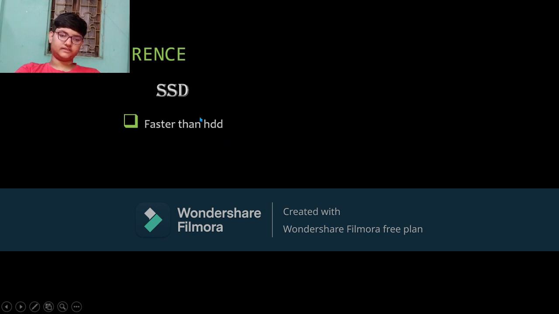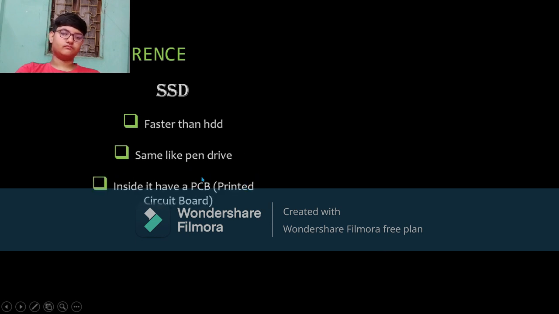It works faster, the same as a pen drive. Its working principle is the same as a pen drive. As a pen drive has a PCB, as I told you before, the SSD inside also has a PCB, printed circuit board. Now let us come to the HDD portion.